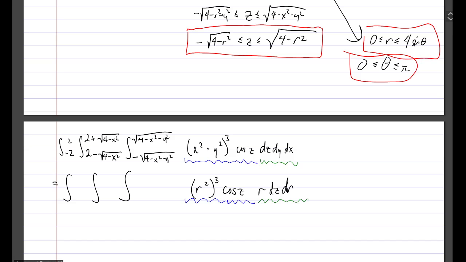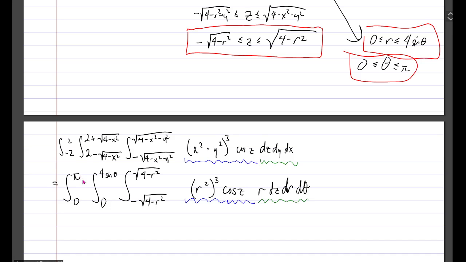And then we'll do with respect to r and then with respect to theta. Now, all we need to do is put the bounds in place, right? So for the z, look at the red box earlier. So go integral from negative root 4 minus r squared all the way up to positive root 4 minus r squared. Then what's next? R is next? Yeah, from 0 to 4 sine theta. And then lastly, theta going from 0 to pi.